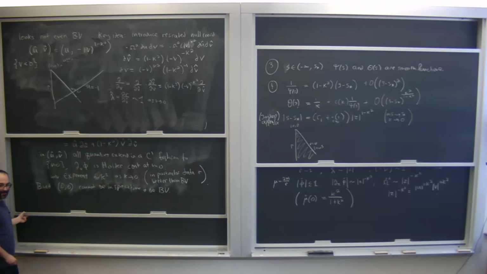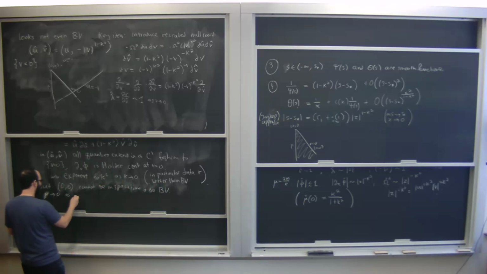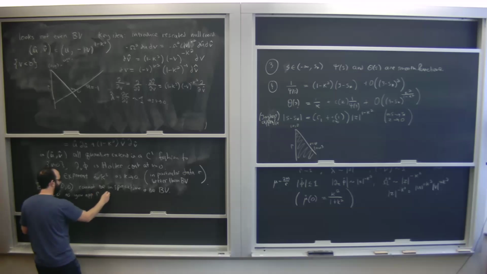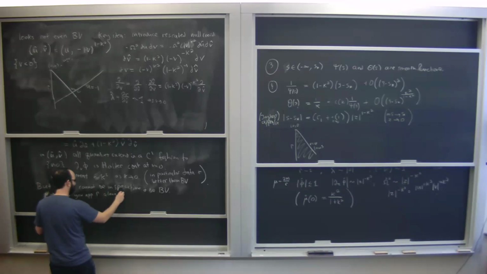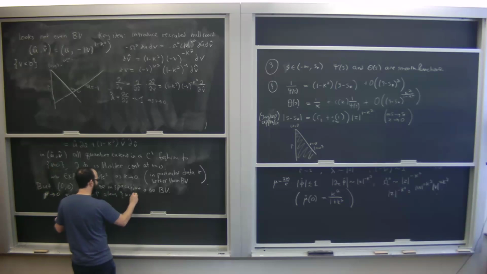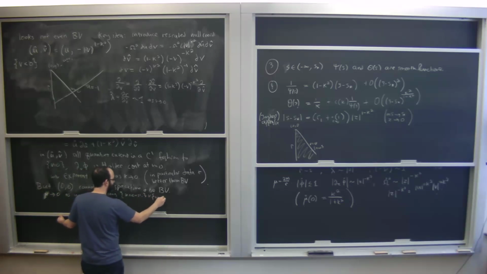We know that one of the requirements, if you're going to be BV, is that this ratio mu has to go to 0 as you approach the axis, along any null hypersurface, along u equals constant or v equals constant.